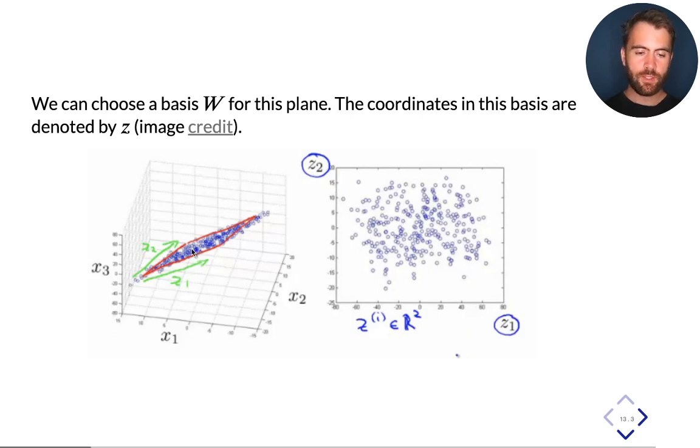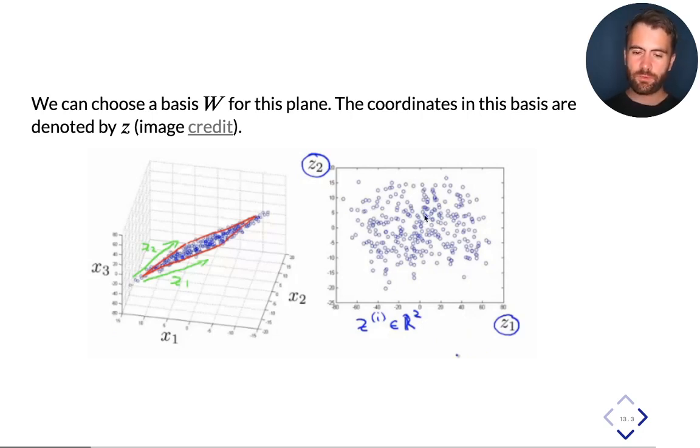So a point that lives here in this three-dimensional space of X, I can find its coordinates in the Z system by projecting it here and then finding its coordinate in its basis, and it will fall somewhere here in this plane.